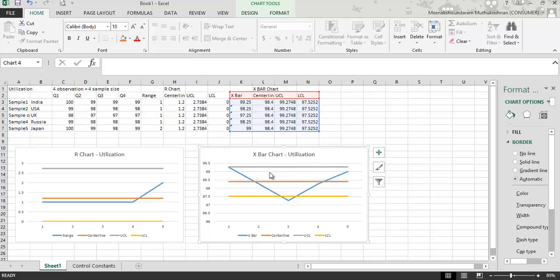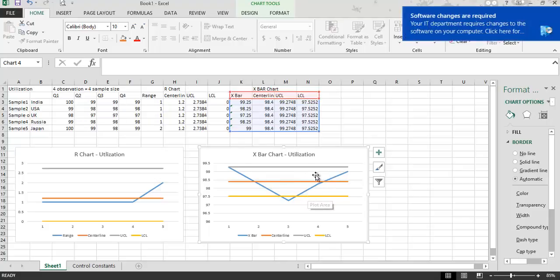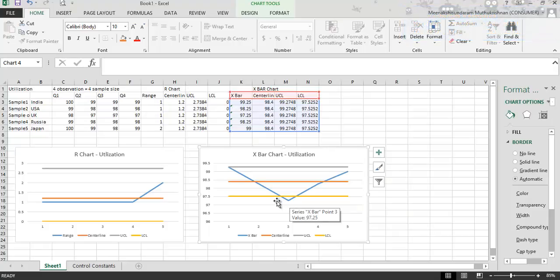Maybe they can catch up and change this upper and lower control limit and keep the line within control. But here it is a concern where the UK utilization is so bad, 97.25, but we expect at least 97.5.